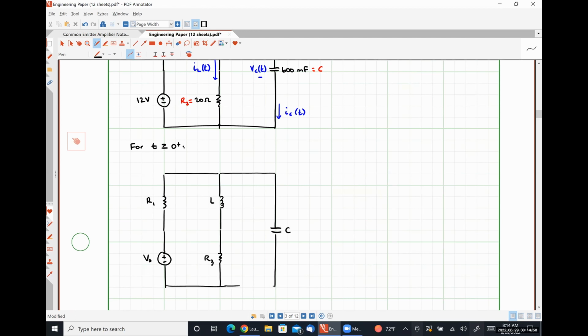I'm going to take a moment here to define my quantities of interest again with this representation. So here is VL of t, IL of t. Here's VC of t, here's IC of t.